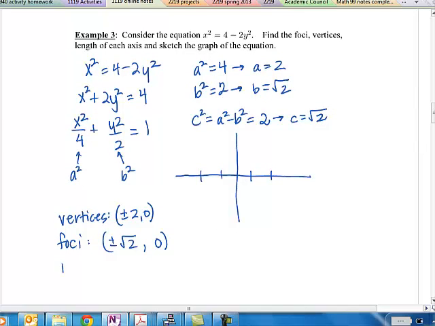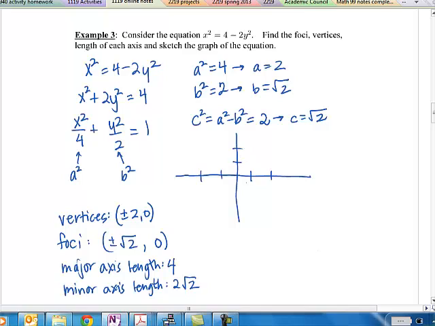The major axis length will be 2a, which is 4, and the minor axis length is 2b, which is 2 times the square root of 2.